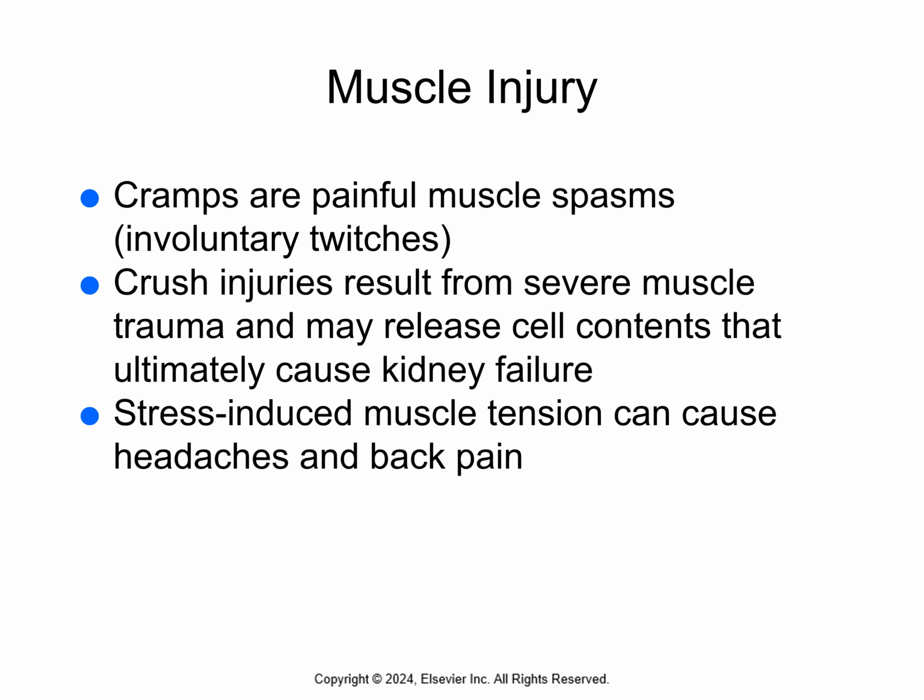Crush injuries result from severe muscle trauma and may release cell contents, and that can cause kidney failure. If you hear rhabdomyolysis, that's one of them. You tear your muscle and all the potassium leaks into your bloodstream, and your kidneys start shutting things down. You're going to learn that the kidneys are the divas of the body.